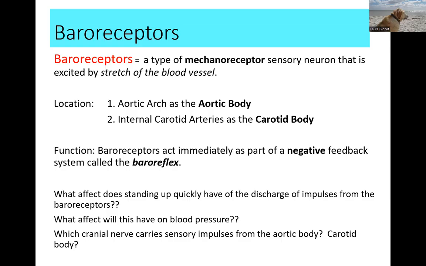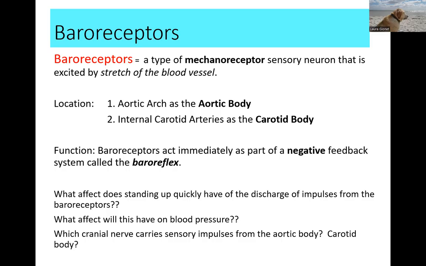And it's going to send fewer signals to your brain, which goes, "Uh-oh, now the blood pressure is dropping lower than what I want it to be." So the response will be to increase heart rate, and to vasoconstrict to increase the pressure in the system. Now, it might not do that for very long, but it will do that.